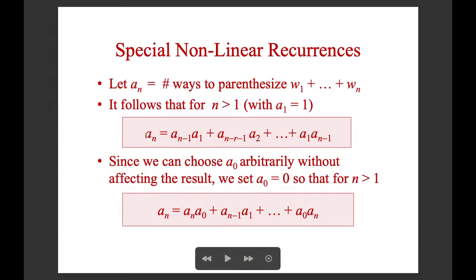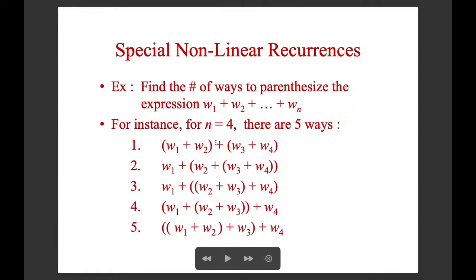But in general, when n is larger, you can find out that a_n is equal to, we check out all the possible variations of the last plus sign that we have. For instance, in this case, this is the last plus sign.